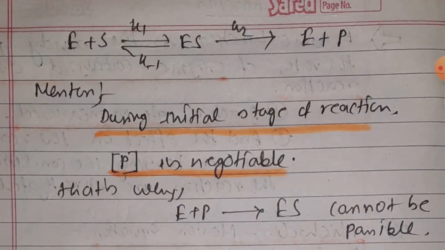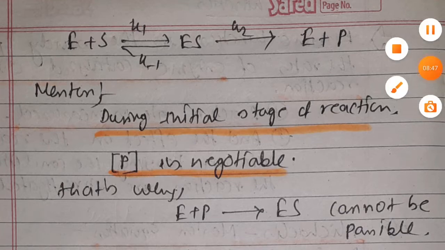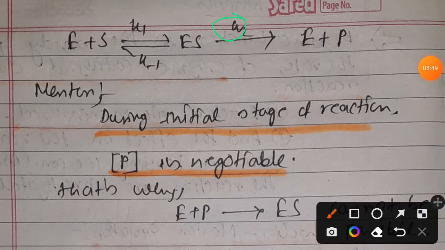First thing I have mentioned, that is the rate of the breakdown of the enzyme substrate complex, that will be the product of K2 and ES, isn't it? Because when the rate constant is K2, we get enzyme plus product. Okay, and similarly the formation of enzyme substrate complex is the product of K1 and E plus S, right?